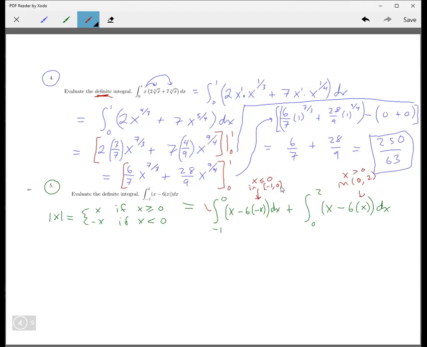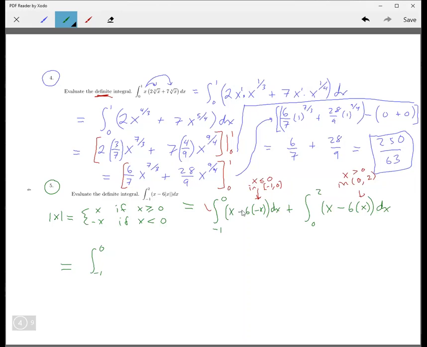On this interval, x is positive. On this interval, x is negative. So this absolute value gets replaced with a negative x, and this one gets replaced with a positive x. But it's actually a negative number, so okay.